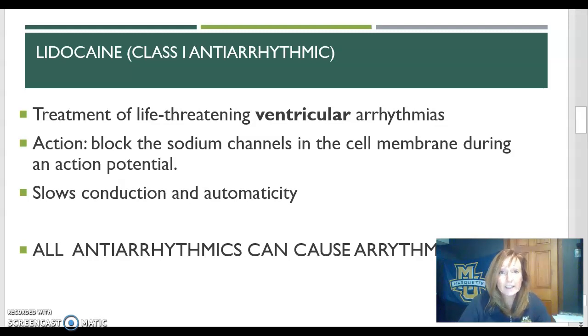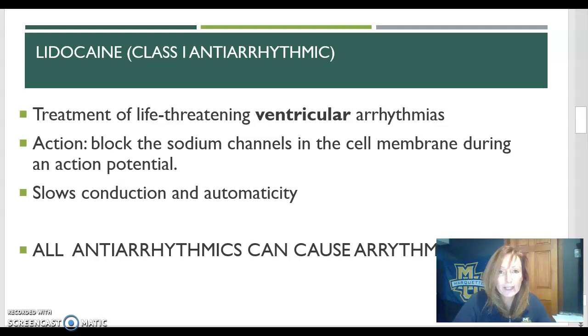So lidocaine is our first medication, and it is a class 1 antiarrhythmic. And the drug works during the phase 0 of the action potential. And remember that blocking the sodium channels in the cell membrane during that action potential causes a slowed conduction.